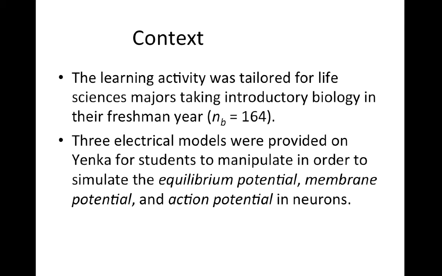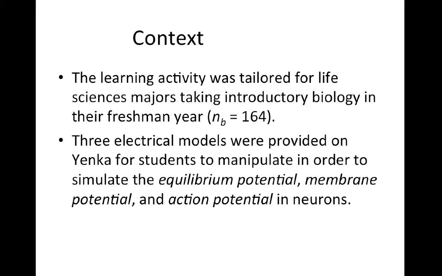Then we come to the context. We want to situate the audience on what this project is about. In this project, we recruited 164 freshman students, all biology majors taking their second semester biology.